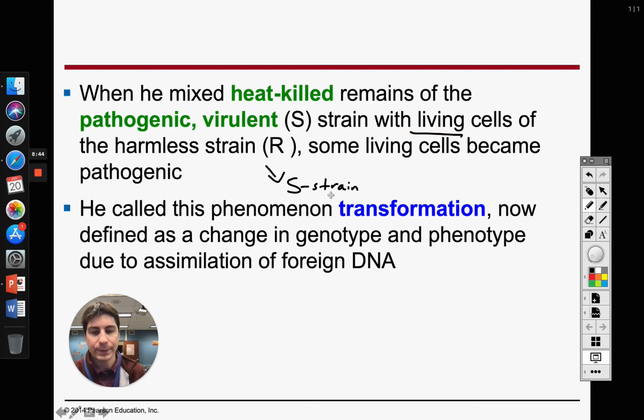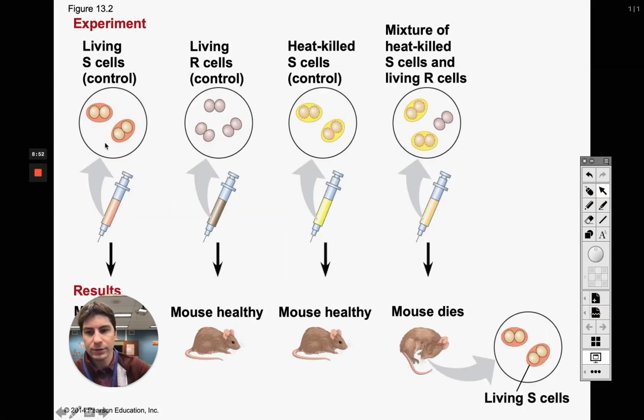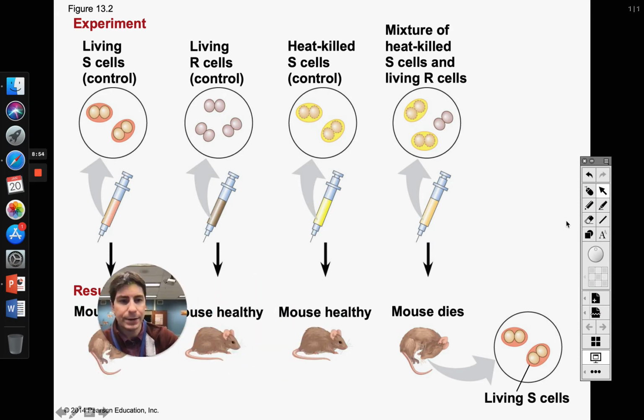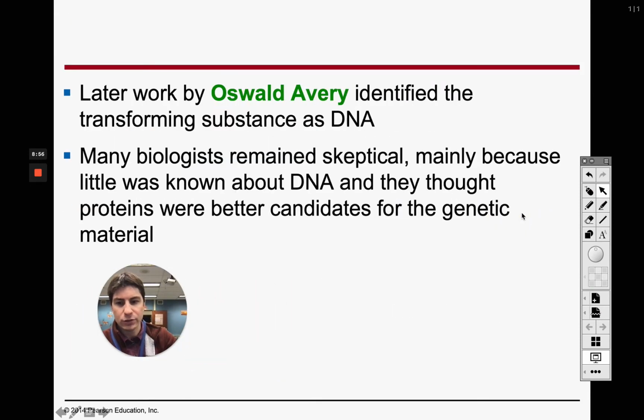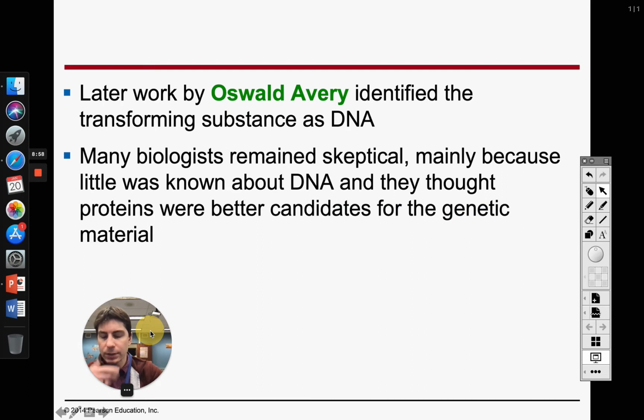You can see here it was living. So it transformed it into regular S strain. And we know that regular S strain, that was the first one there, the mouse died, okay? So that's what a transformation is. They were taking the DNA and putting it into another bacteria, the R strain, and it transformed the R bacteria.